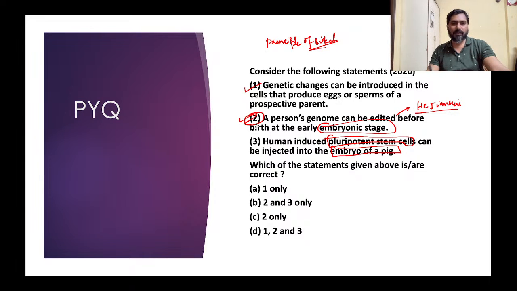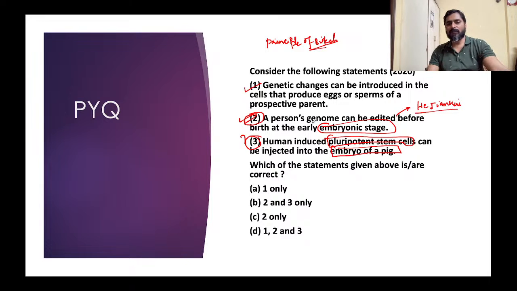What about the third statement? Third statement, that human induced pluripotent stem cells can be injected into the embryo of a pig. Is this statement correct or incorrect? Let us say we haven't discussed stem cells, but still you can answer this question.